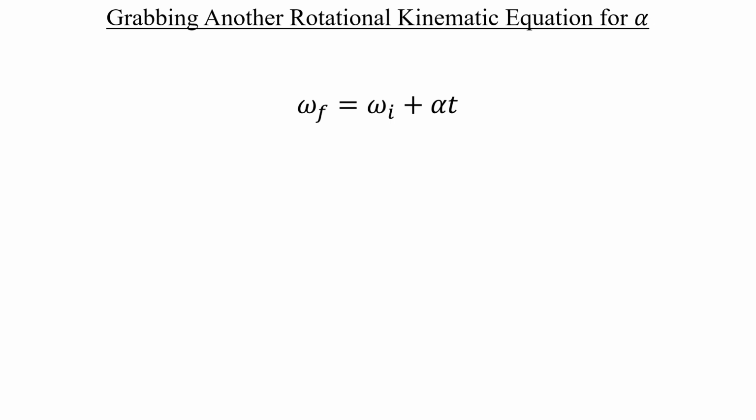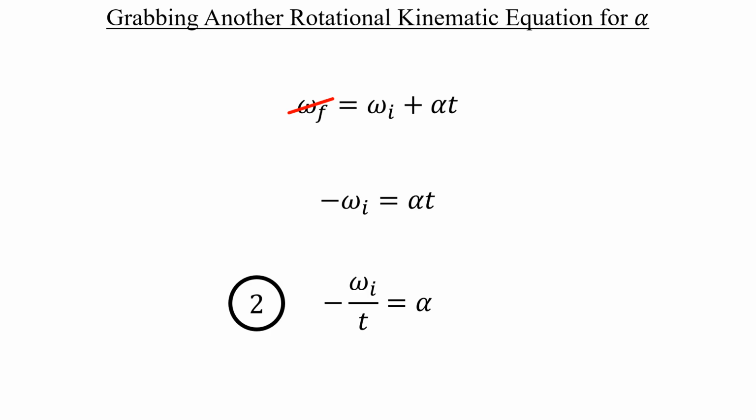We should use this to get an expression for alpha. Let's set the final angular speed to 0, move the initial one over to the other side, and then divide both sides by time. I'll label this one equation number 2.